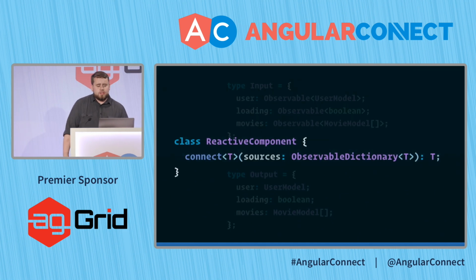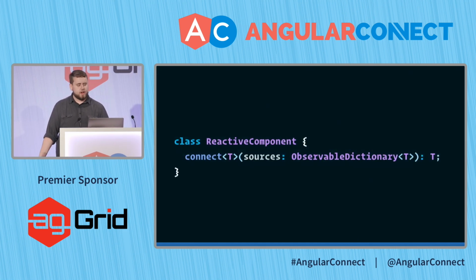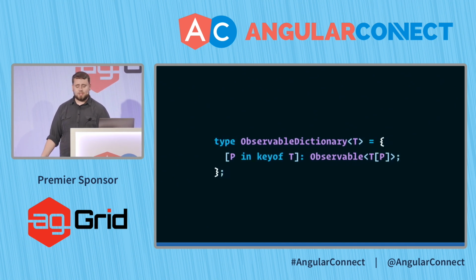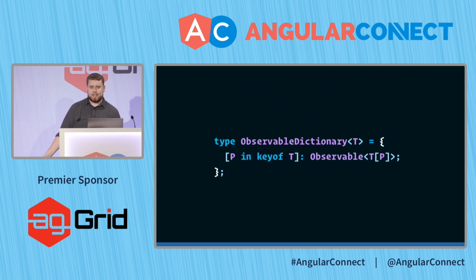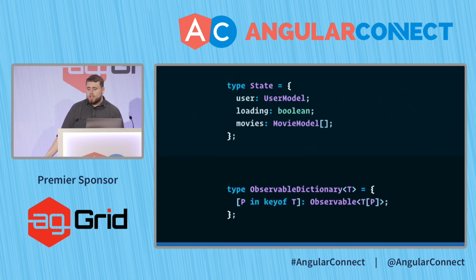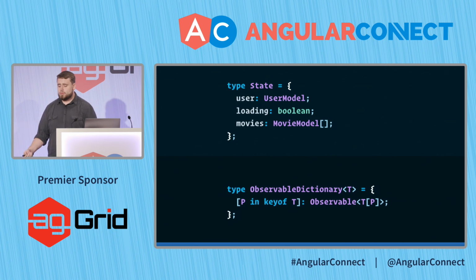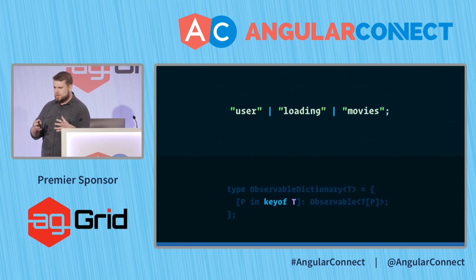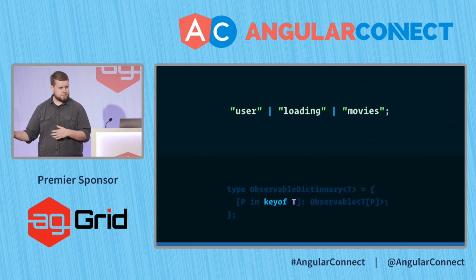And to do that, we can use a type alias. Here I've created one called ObservableDictionary, and it's going to be using TypeScript's mapped types feature to actually do this inference for us. So this will be a kind of complex type, so let's break it down piece by piece. If we start with the following state definition, we're going to first use the keyof operator to get every key in that input type.